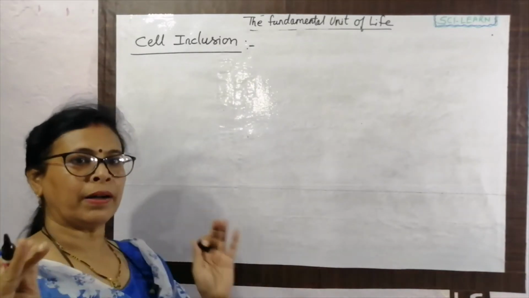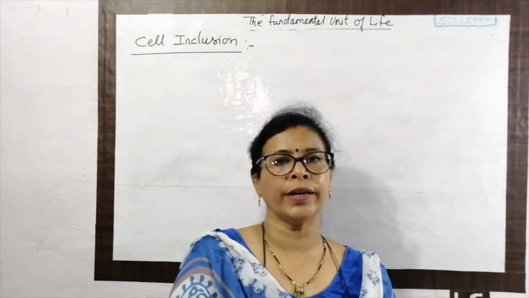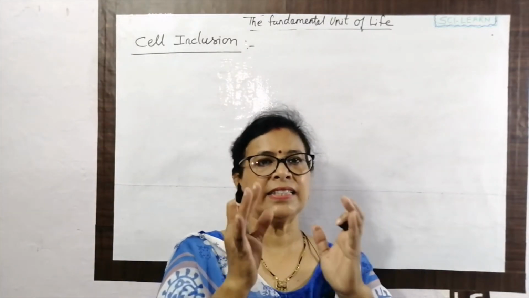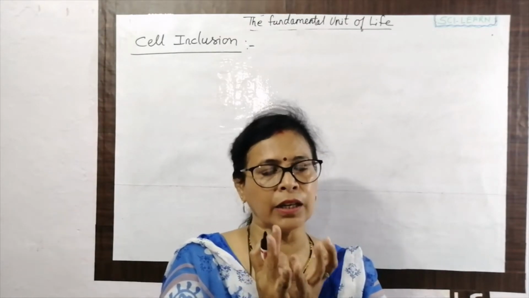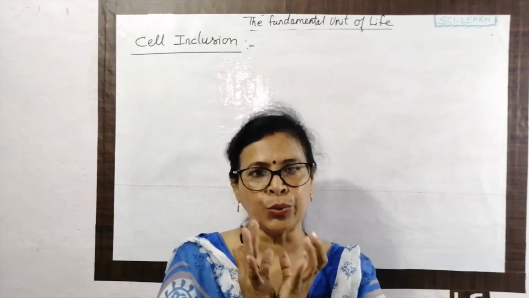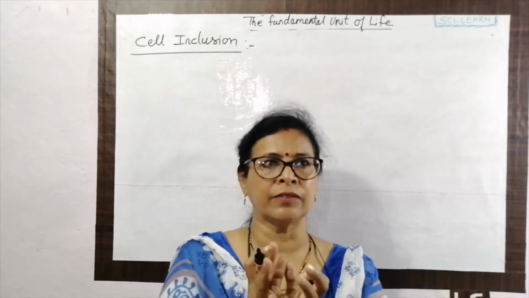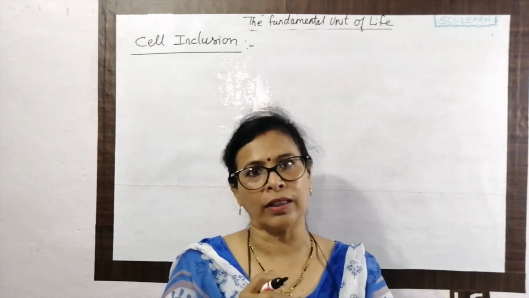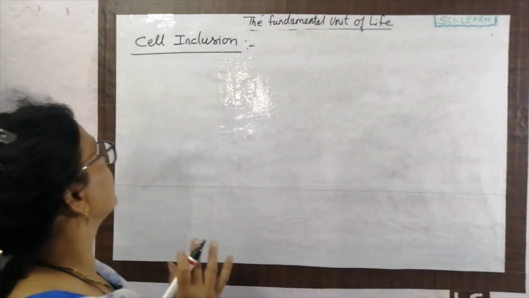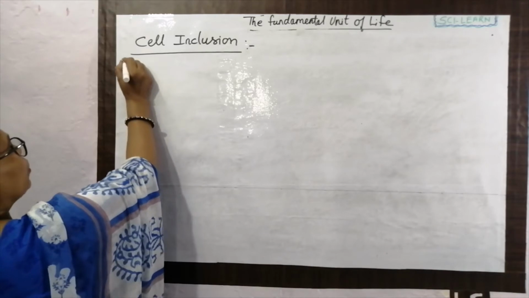All the substances which are not included in cell organelles but are essential for the cell are called cell inclusion. The various nutrients or pigments present in the cell other than organelles are called cell inclusion.